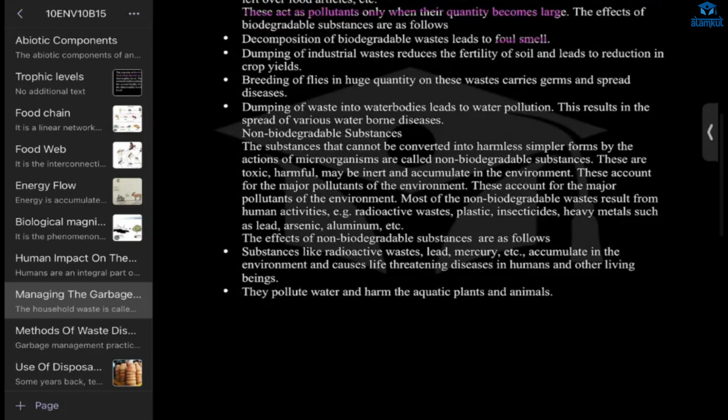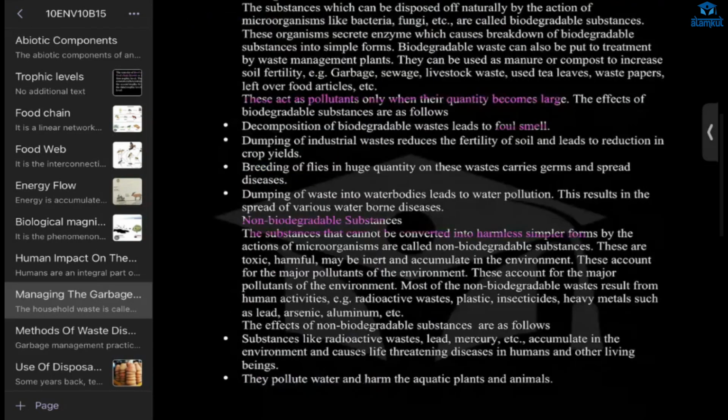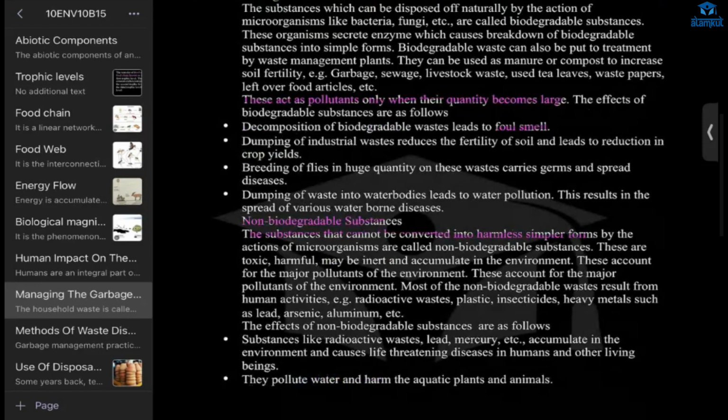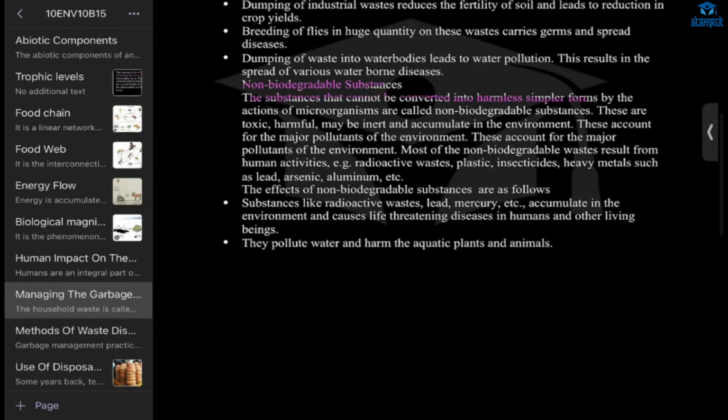Now we have non-biodegradable waste. This substance cannot be converted into harmless simpler forms. In biodegradable substances, it can be degraded into simpler forms. But non-biodegradable waste is toxic, harmful, and gets accumulated in the environment.